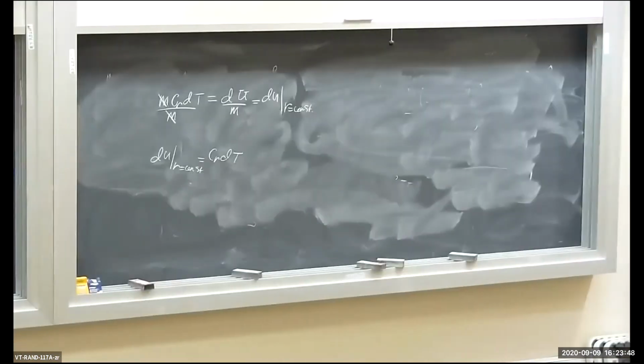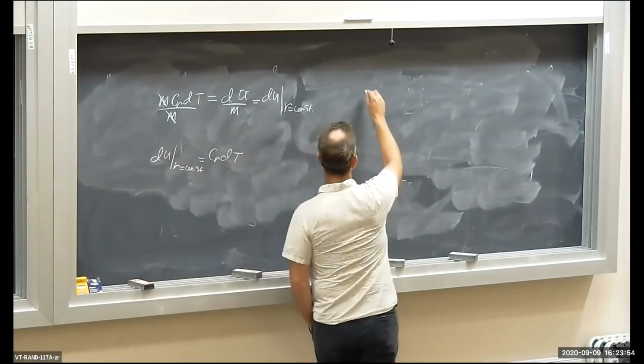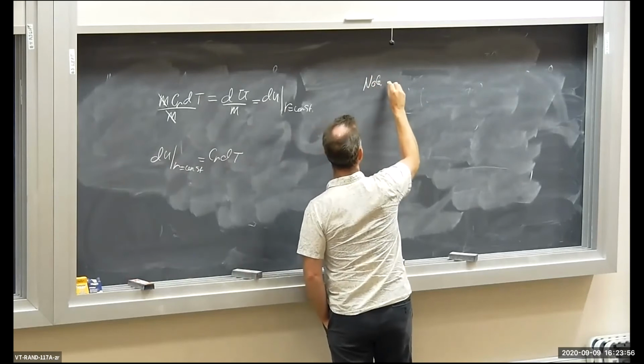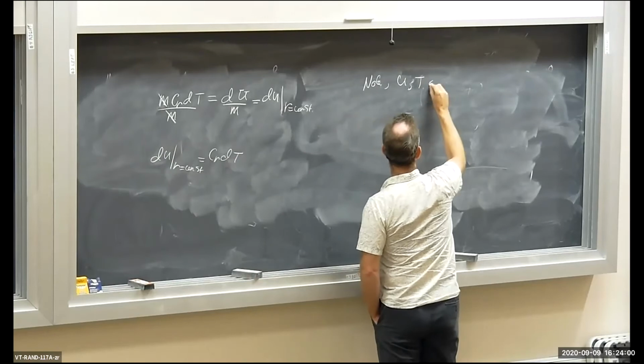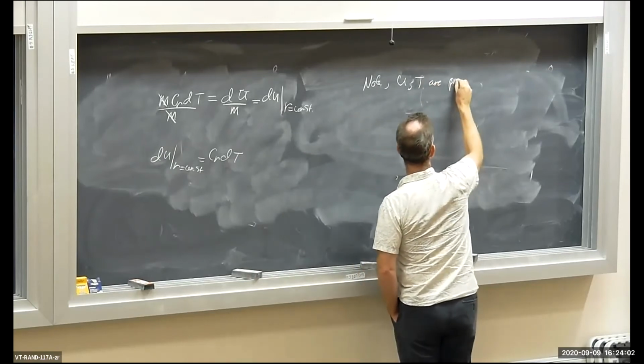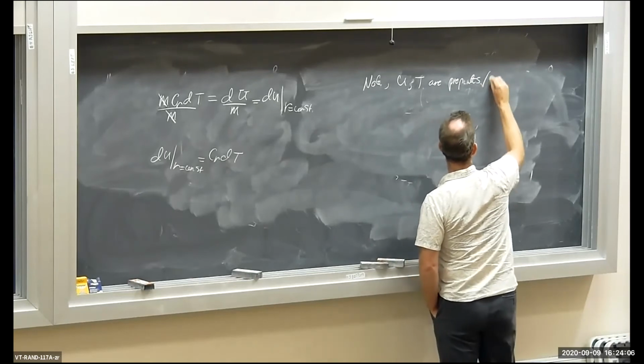They are point functions. So note, U and T are properties, in other words, point functions.